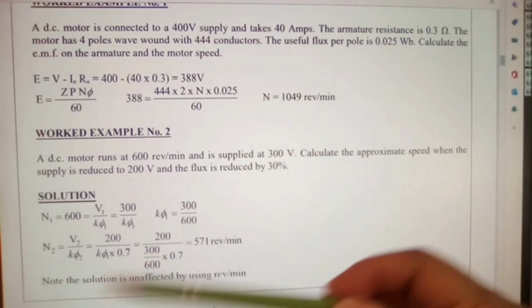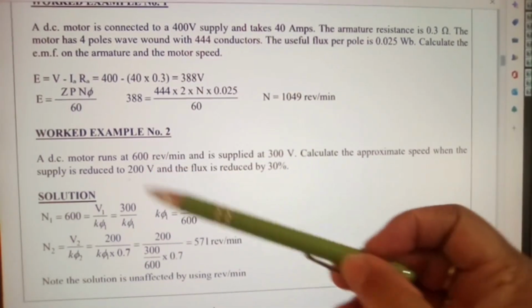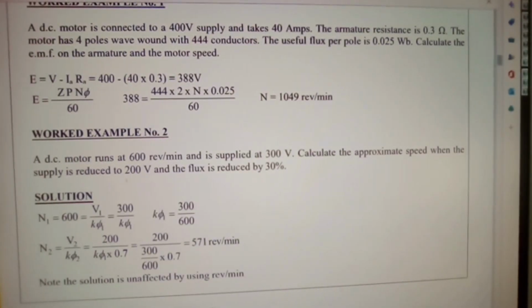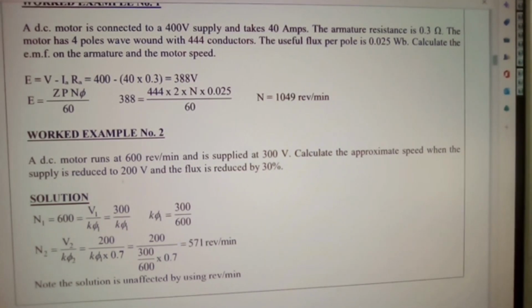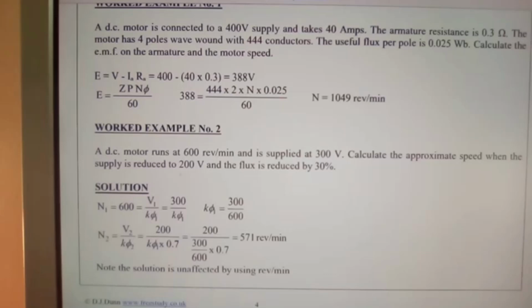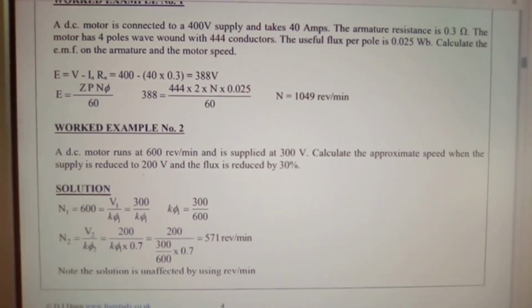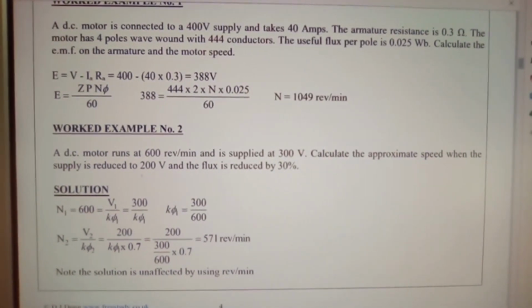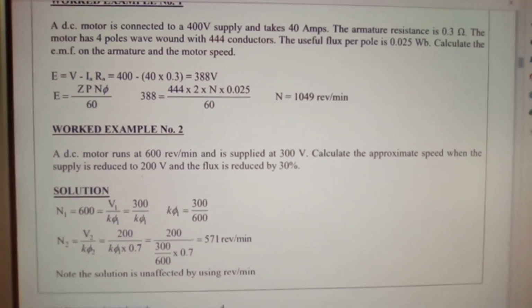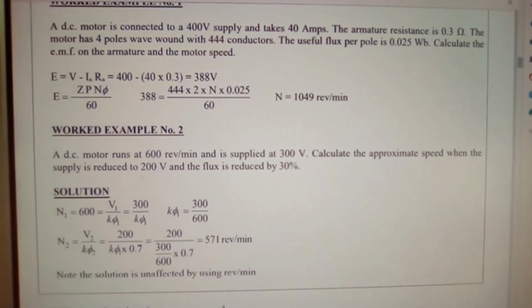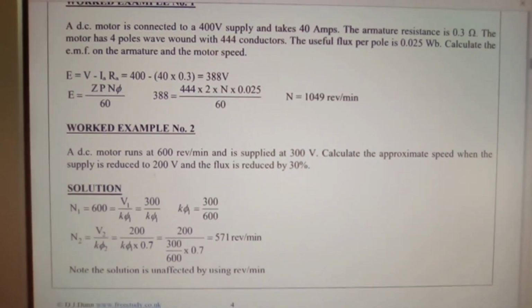We know the 300 comes from here, and we know 600 comes from here. But I won't go into much detail for you. All I'm going to do is try to give you alternative options and different ways of looking at it, so you arrive at a solution that accommodates yourself.